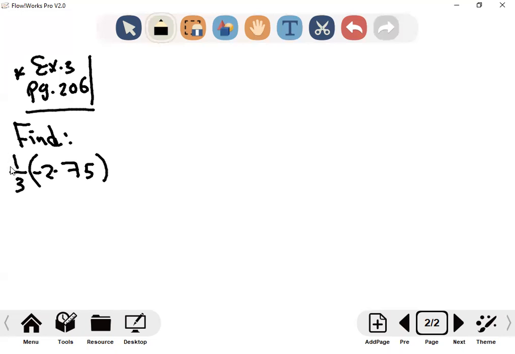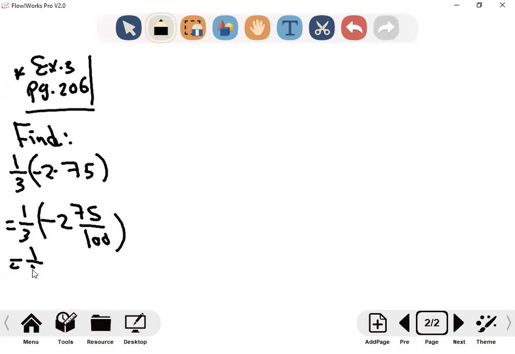Second thing, here we have positive and here we have negative. If you multiply different signs, the final answer should be negative. So here, let's keep this one equal 1/3, and turn negative 2.75 to a fraction. 2.75 over 100, right?